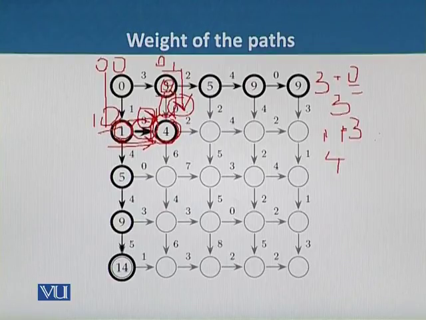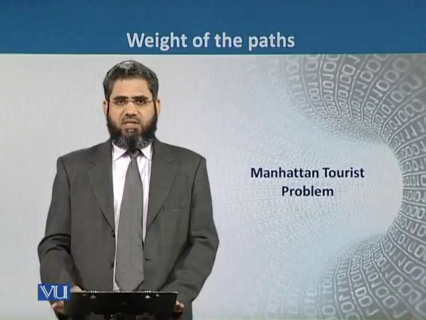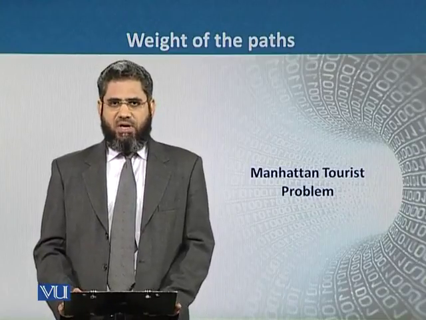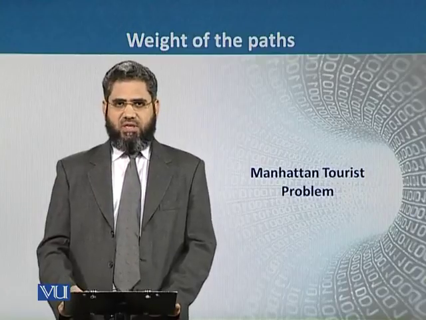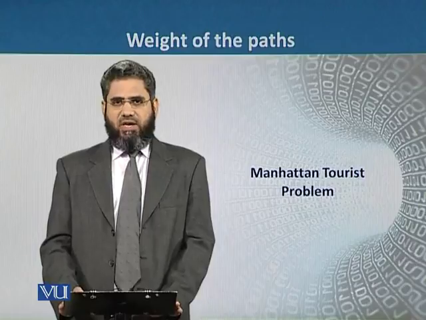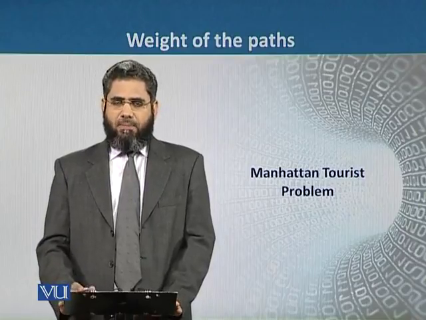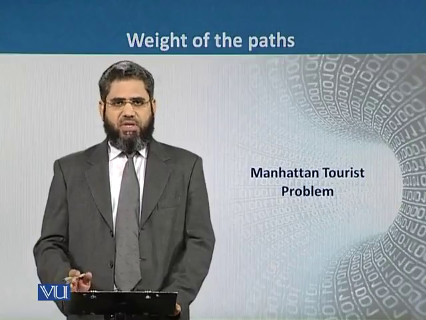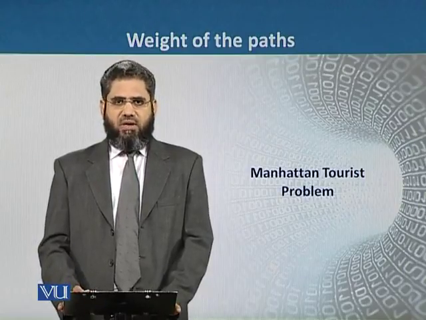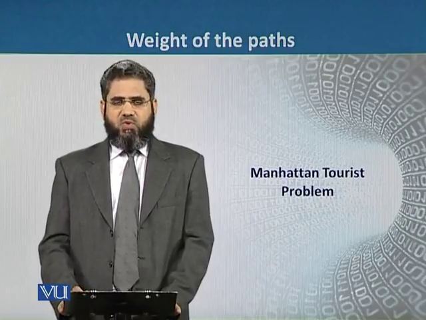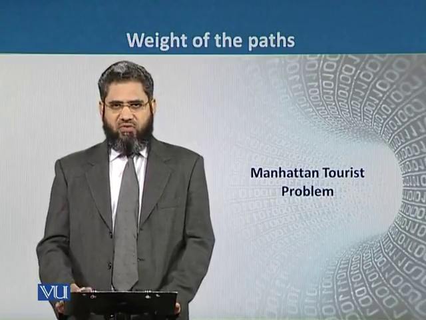So we have seen in this module that the tourist has very little choice. Either he or she can move in the south direction or in the east direction, and we can easily calculate the weight values by assuming their path. So it is very easy, and this is the beauty of this dynamic programming algorithm, that we do not have to calculate the value every time.